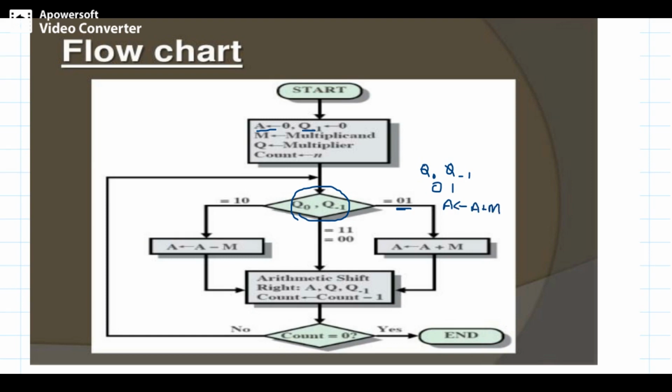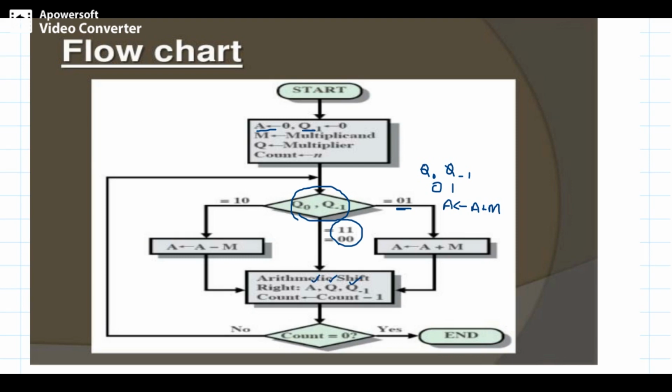If Q0 and Q minus 1 are 1 1 or 0 0, we are not performing any addition, we are just shifting right all the values A, Q, Q minus 1.